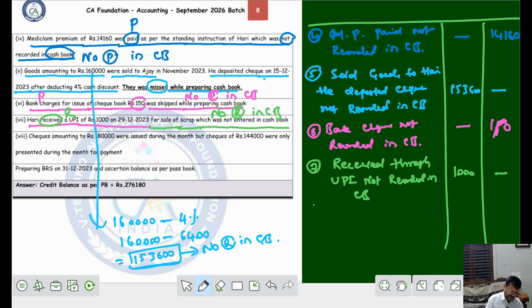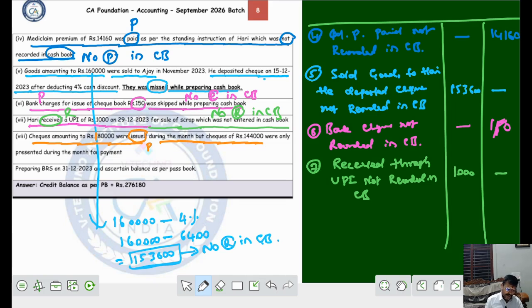See here, checks amounting to rupees 1,80,000 were issued. Issue means payment.